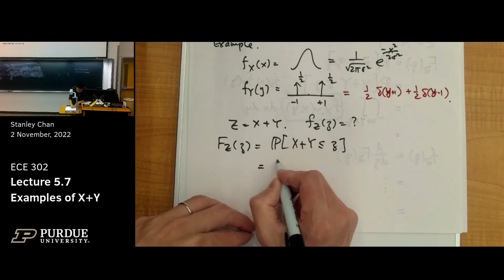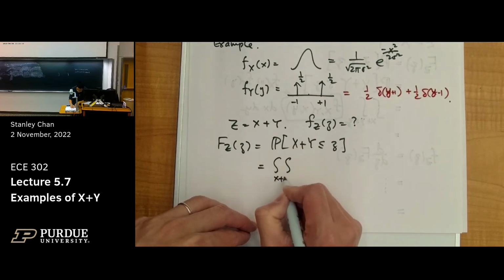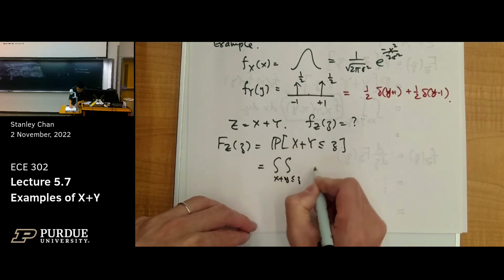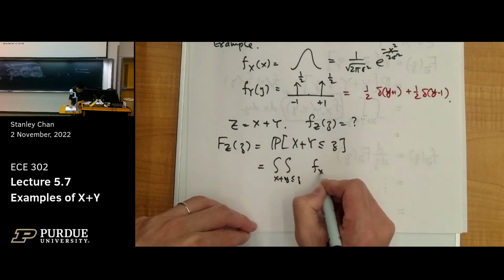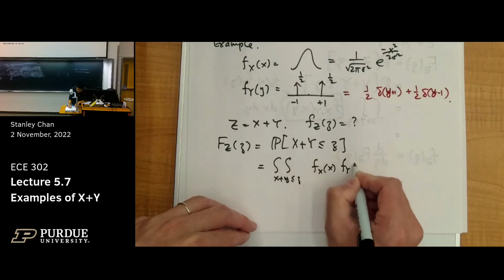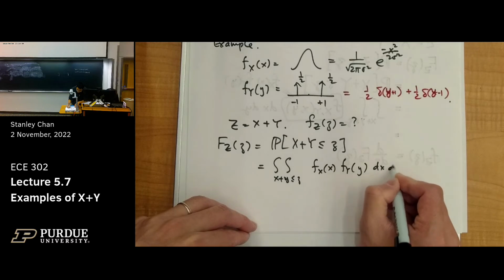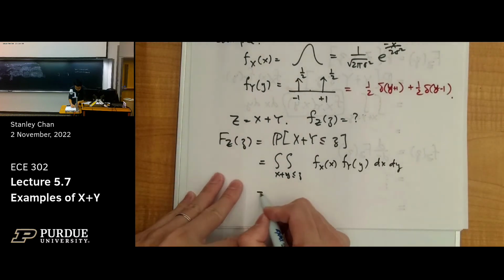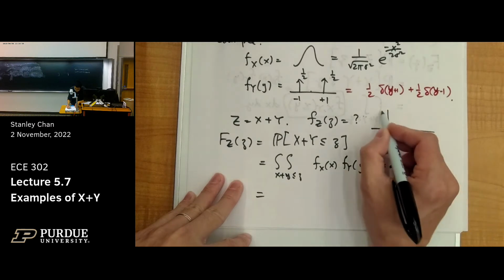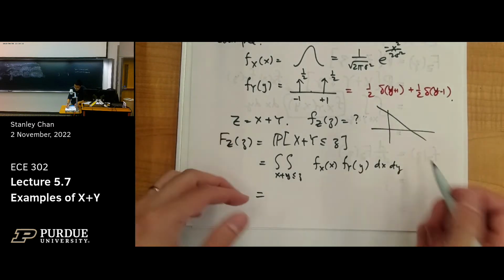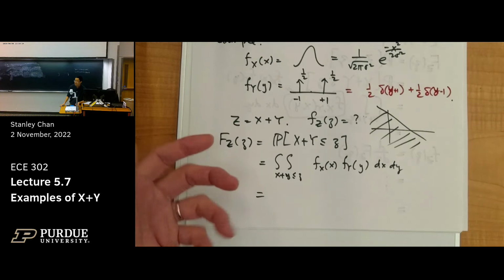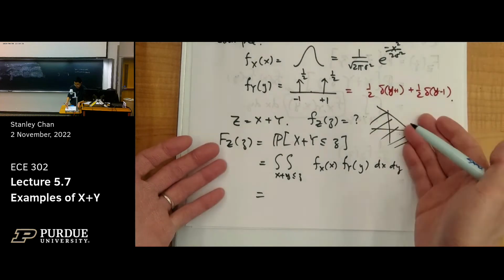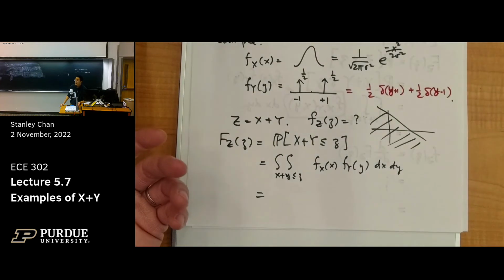And then I have this double integration over x plus y less than z of f_X(x) f_Y(y) dx dy. I still need to draw this diagram, and because this is generic, I still need to integrate from minus infinity to infinity.